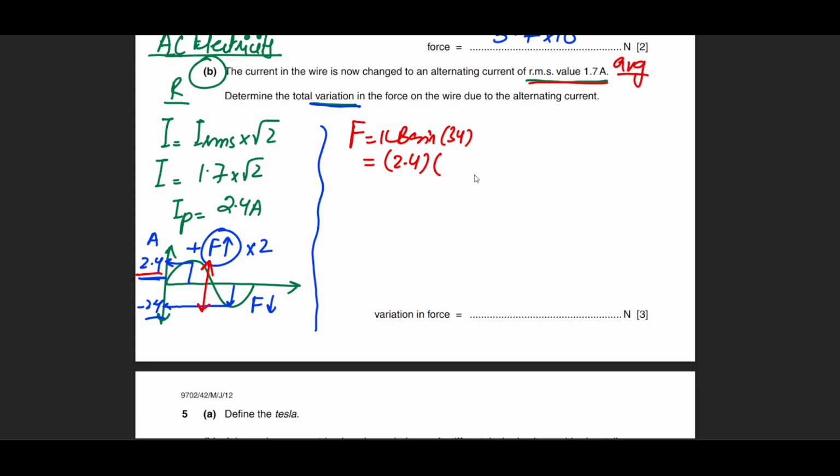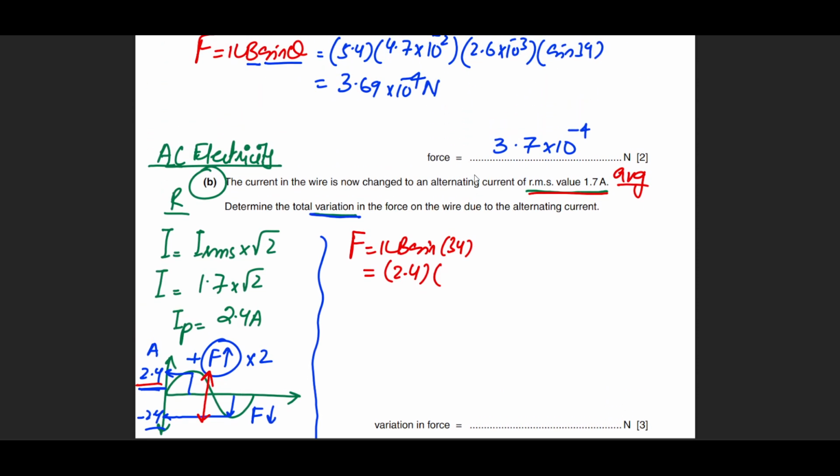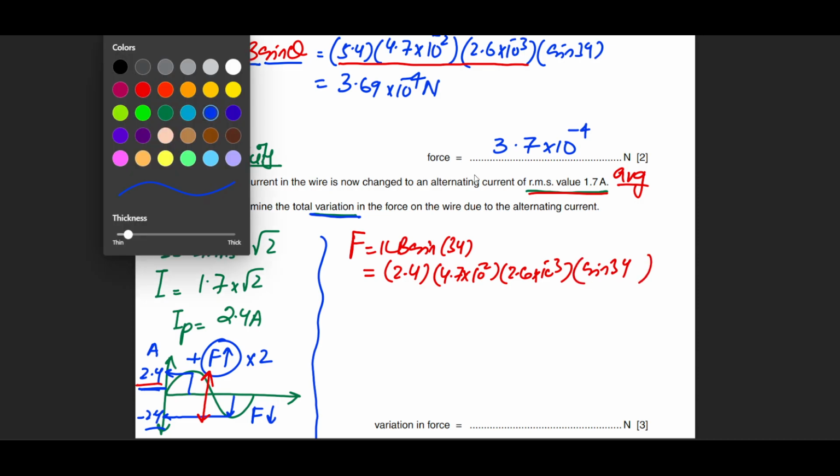Length is again taken in centimeters, so this will be 4.7 into 10 raised to the power -2. B is given to us as 2.6 into 10 raised to the power -3. So really, we are just solving this question again with a different value, and then we have sine 34. I'm going to do this directly, as you should too.